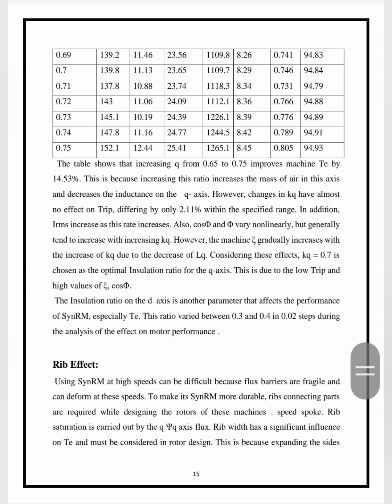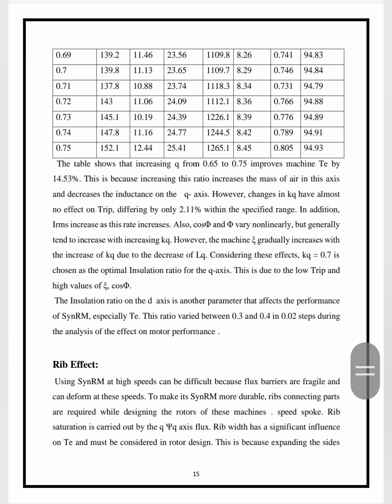Using a SynRM at high speed can be difficult because flux barriers are fragile and can deform at these speeds. To make the SynRM more durable, rib connecting parts are required. While designing the rotor of the machine, spoke rib saturation is carried out by the Q axis flux. Rib width has a significant influence on output torque and must be considered in rotor design.